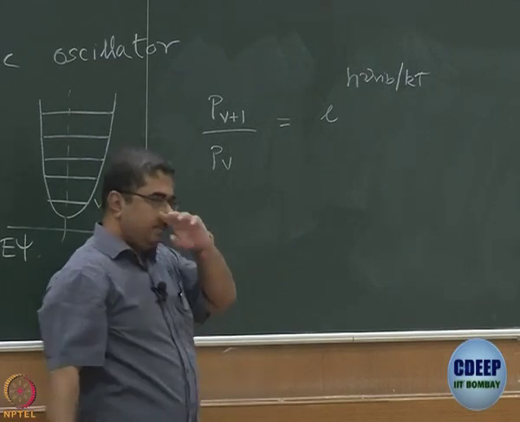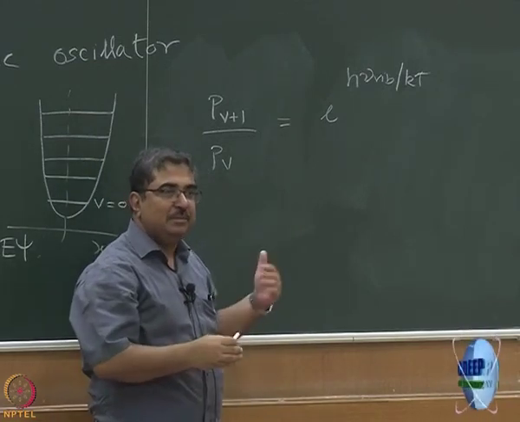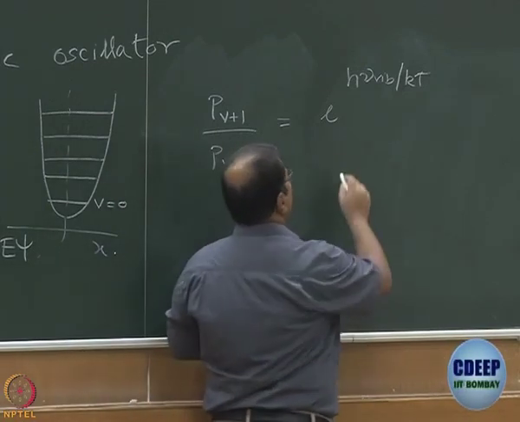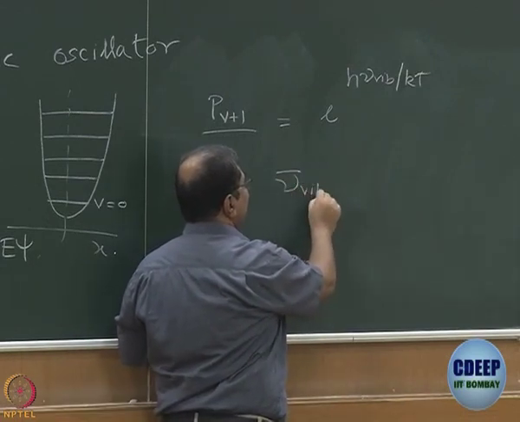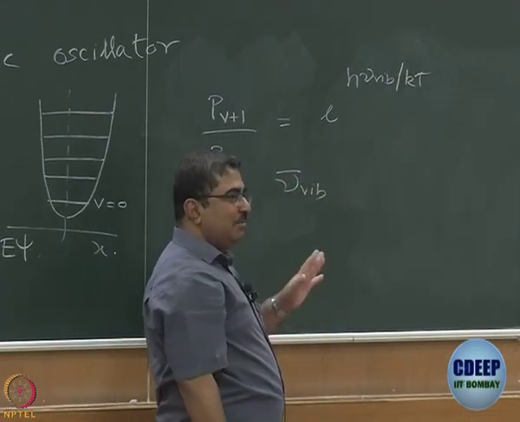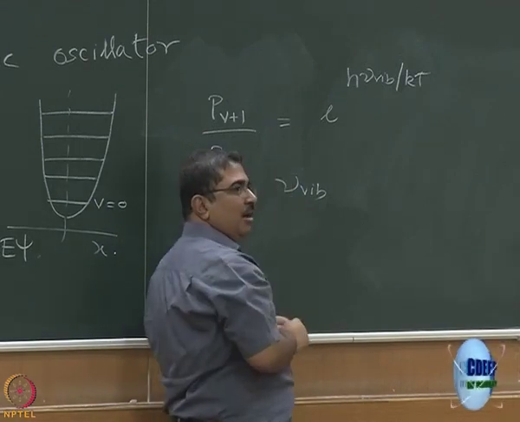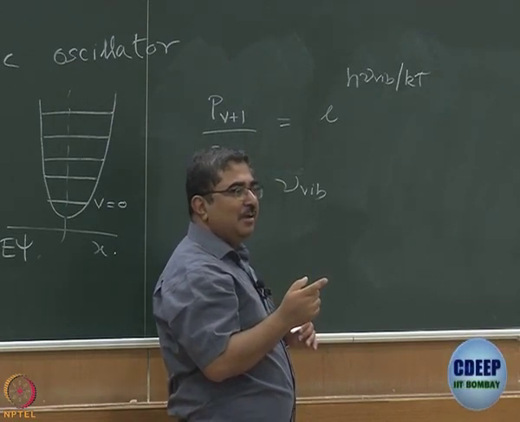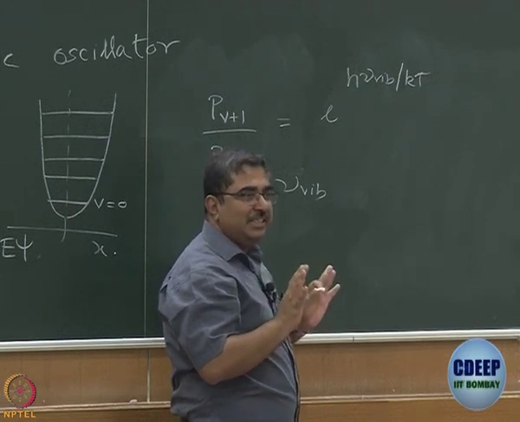Now, of course, I am jumping a few steps at this moment, but let me just tell you that if you use say nu bar vib, or well nu vib, how is nu bar vib related to nu vib? By a factor of c, right.